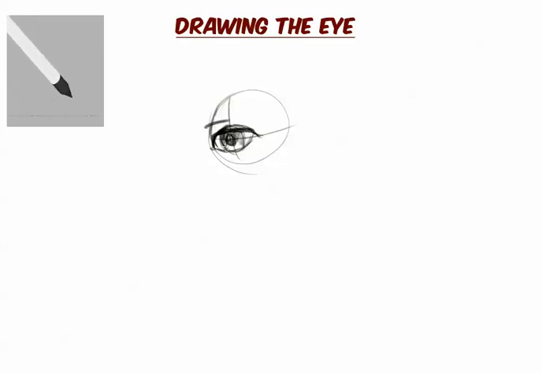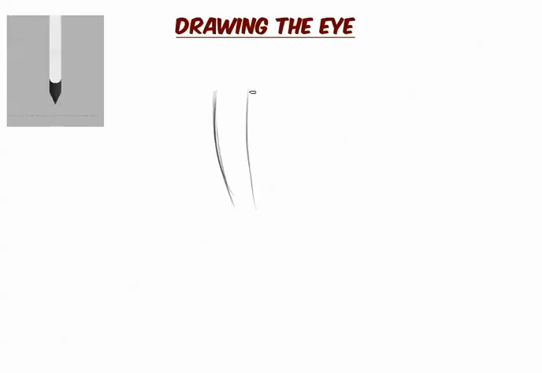Okay. Now it looks kind of funny sitting by itself, just like that. So what I'll do is I'll draw a quick face for you, so you can just place it on the head, just to show you what it'll look like from that 3/4 angle.